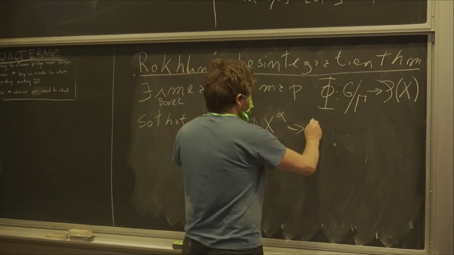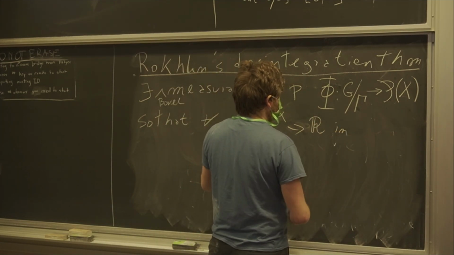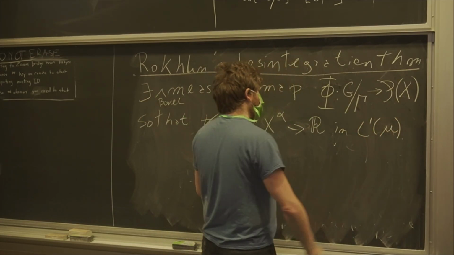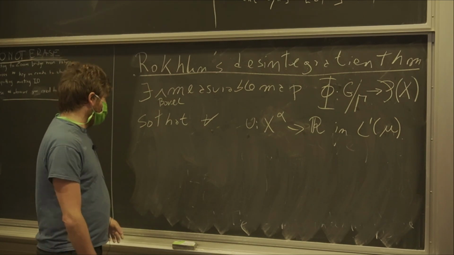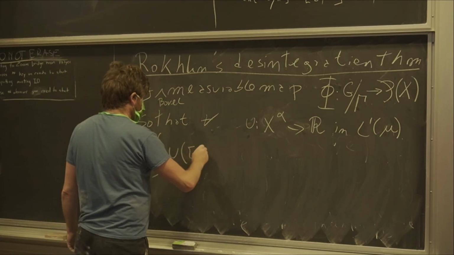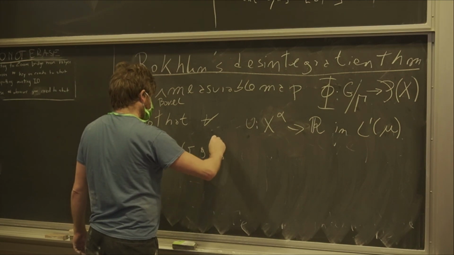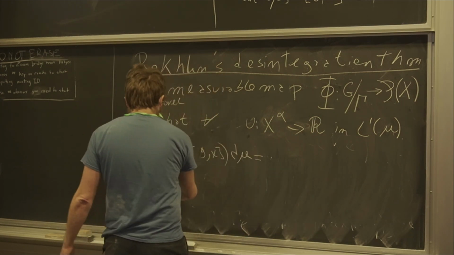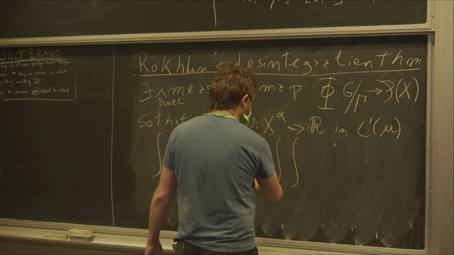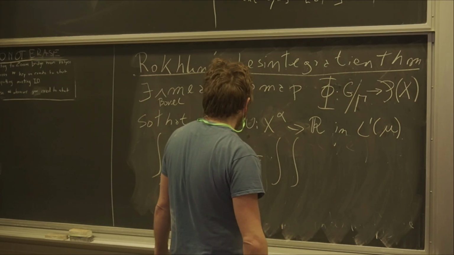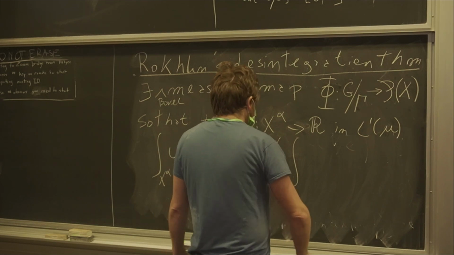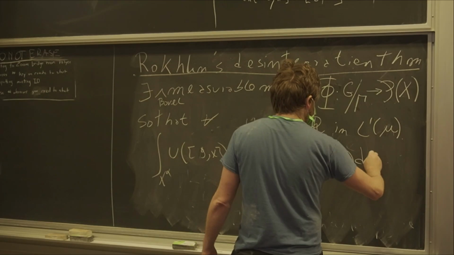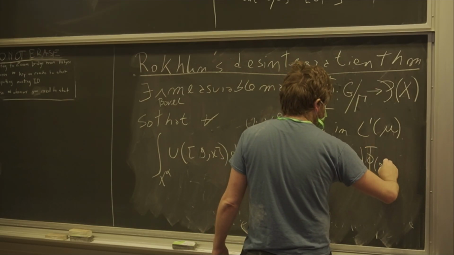So that for any u in L1 mu, say, the integral of u of gx d mu over X alpha is the same as the double integral of u of gx d phi g of x.